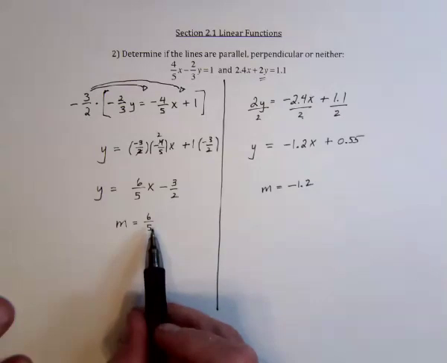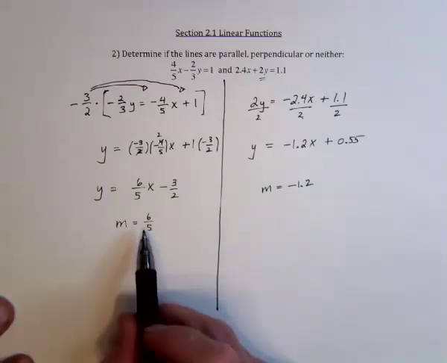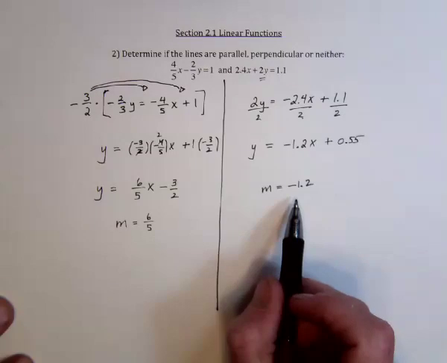Well, this one is written as a fraction, and yet this one's written as a decimal. So I should probably be consistent and either use decimals for both of them or fractions for both of them.